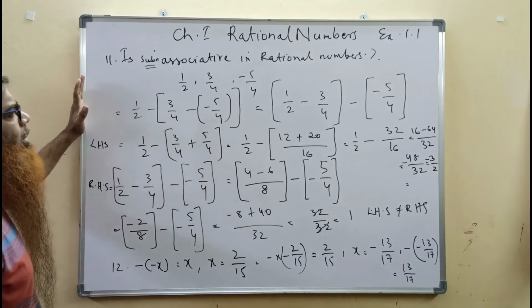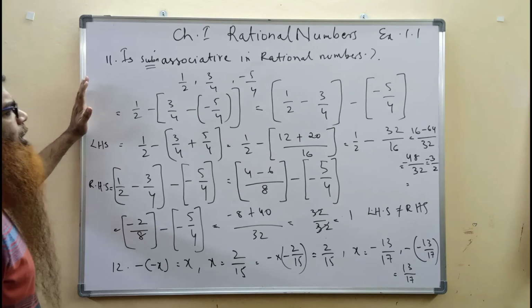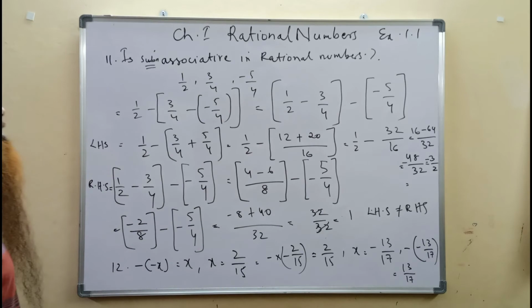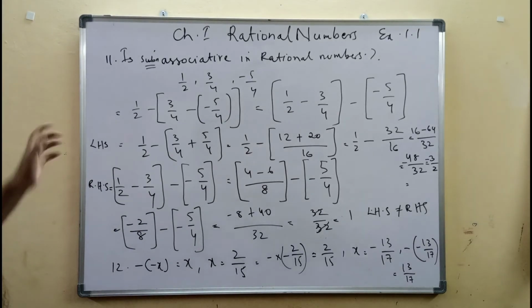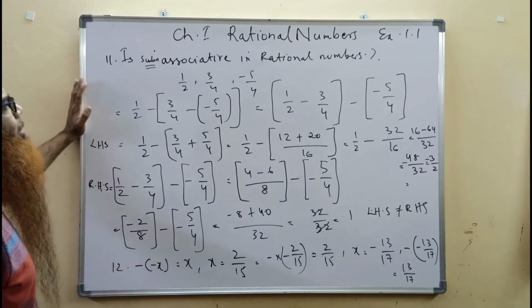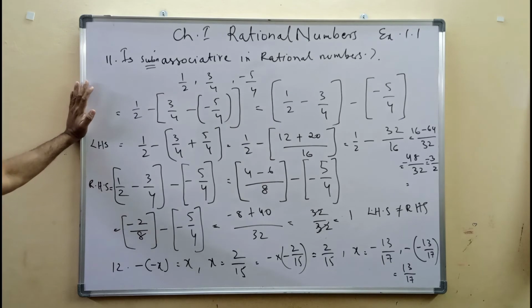We need to check whether this is the same or not. Is the left hand side equation equal to the right hand side equation or not? If it is equal, it will prove that subtraction is associative in rational numbers. If it is not equal, it proves that subtraction is not associative in rational numbers.